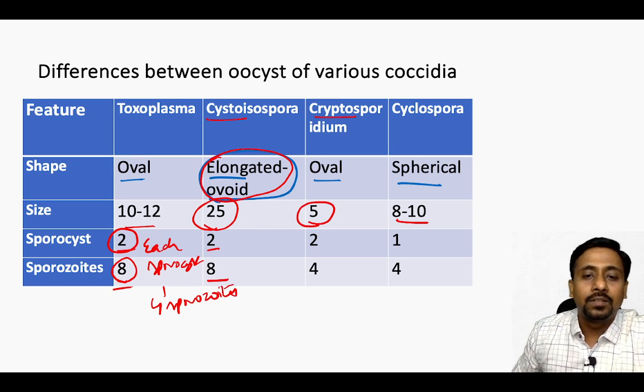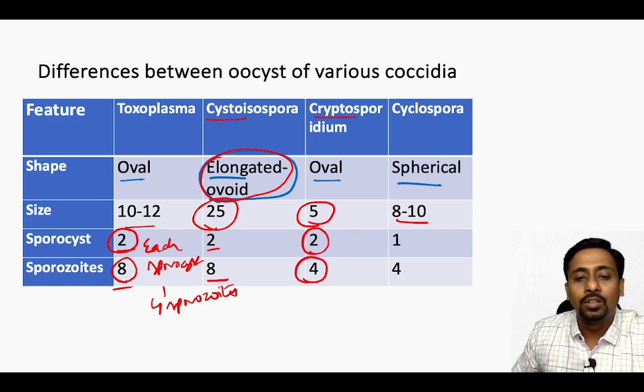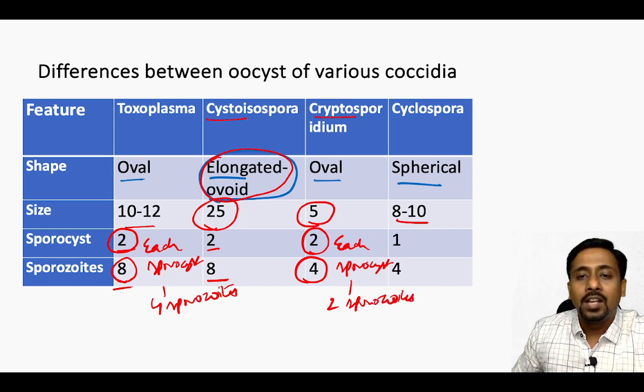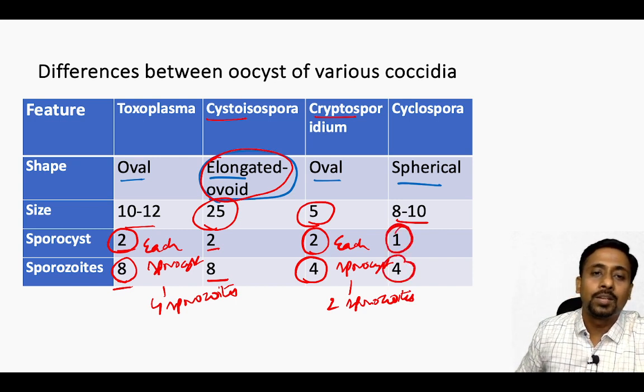However, in the case of Cryptosporidium, the number of sporocysts is 4, but the number of sporozoites is 4. That means in this case, each sporocyst has only two sporozoites. So remember this. In Cyclospora, there are two sporocysts and four sporozoites.